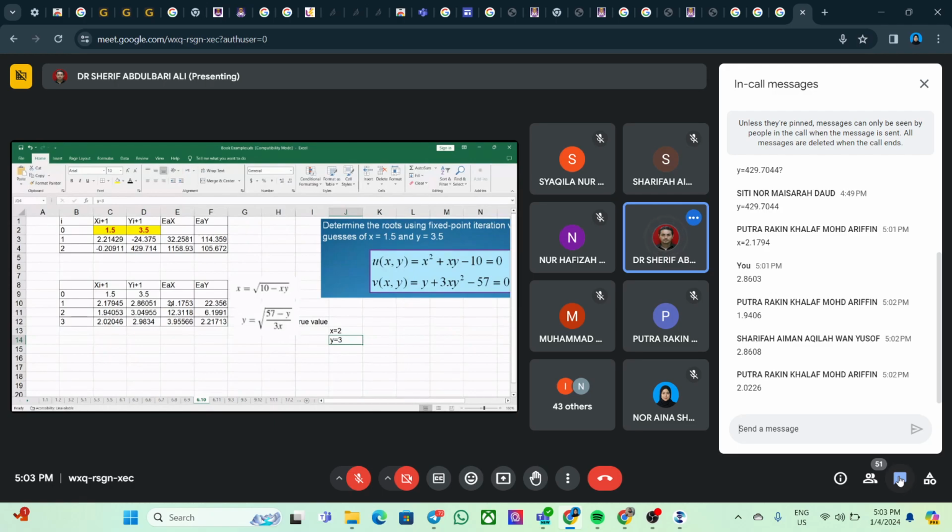And when you are looking at the error, you are going to find the error is decreasing. So this means this way of arranging the equations is the way that is going to converge towards the root. Okay? So I think it's clear now. Do you have any questions about this method?